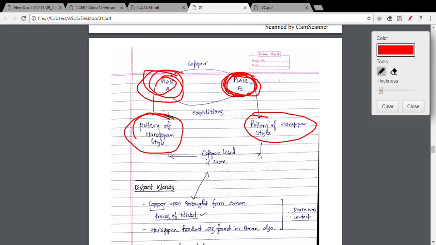So the two potteries which have the same copper are not of the same style. That means copper was taken from place B to place A. Same thing happened with the Harappan civilization.